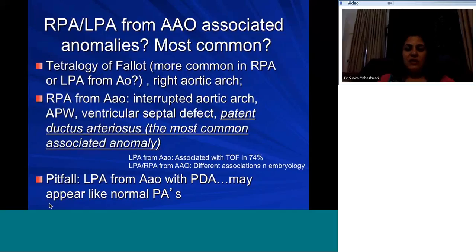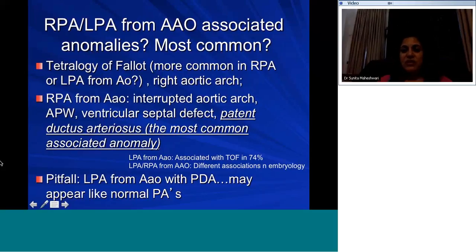Other associations, if it's an RPA from aorta, you can have interrupted aortic arch, you can get AP windows, you can have VSD, you can have PDA, which is actually the most common associated anomaly. Now the pitfall is that, when you have an LPA from the aorta and you have a PDA, sometimes it can look like normal branch pulmonary arteries.